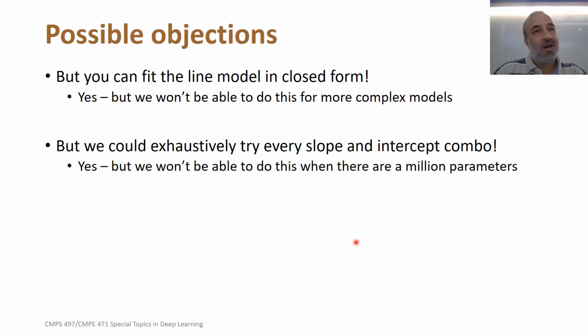With two parameters, we have so many, right? With billions of parameters, we will not be able to do that, of course. So that means that the algorithm or the procedure to find the best parameters has to be very efficient because it searches in a huge space of parameters.